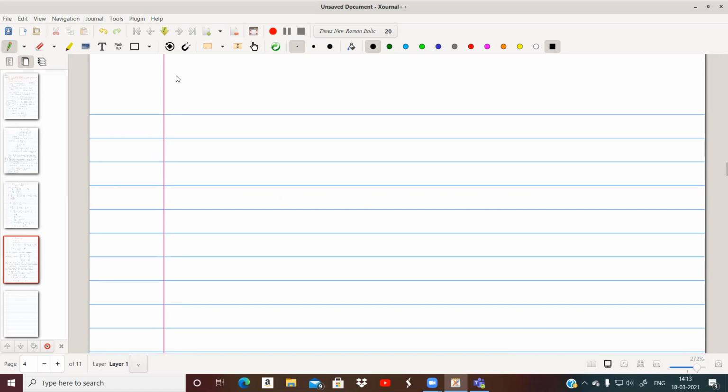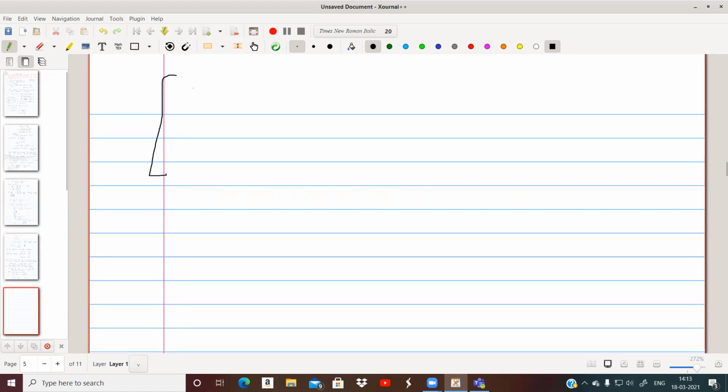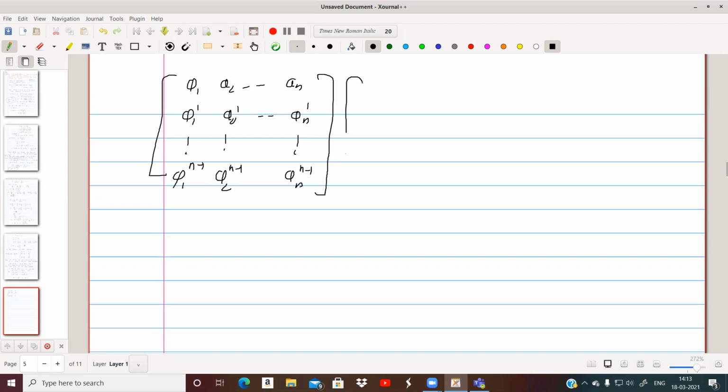So I can write this in matrix form: phi 1, phi 2, phi n; phi 1 dash, phi 2 dash, phi n dash; and so on; phi 1 (n-1)th derivative, phi 2 (n-1)th derivative, and phi n's; and our variables are C1, C2, Cn.